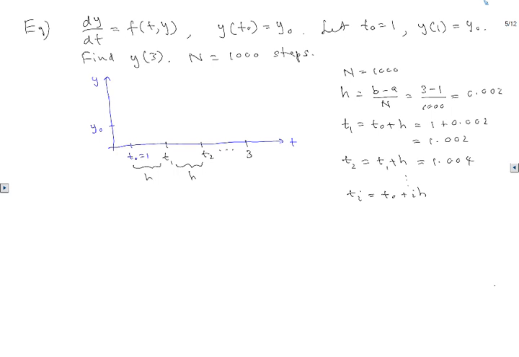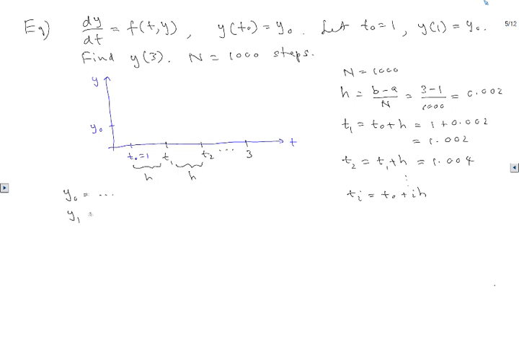So the question is, if you want to go to 3, how many steps do you need to do? At what step are you going to get it? Let's write a few steps. We know the y naught value, which is given. Then we calculate y1.